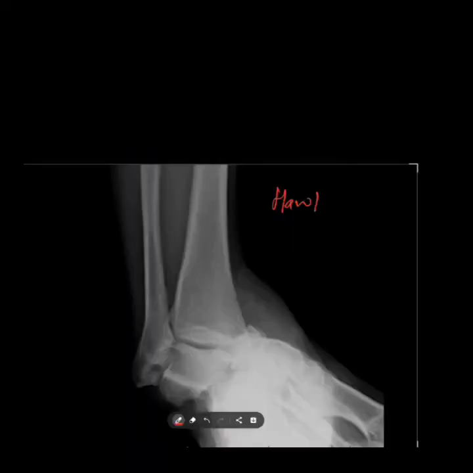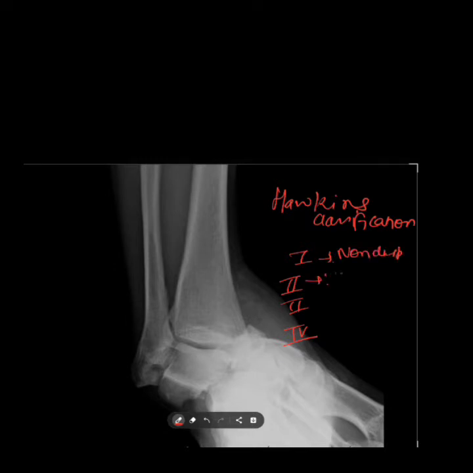This is the classification for the talus neck fractures. There is type 1, type 2, type 3 and type 4. Type 1 is non-displaced fractures. In type 2, we have subtalar dislocation with talus fractures.